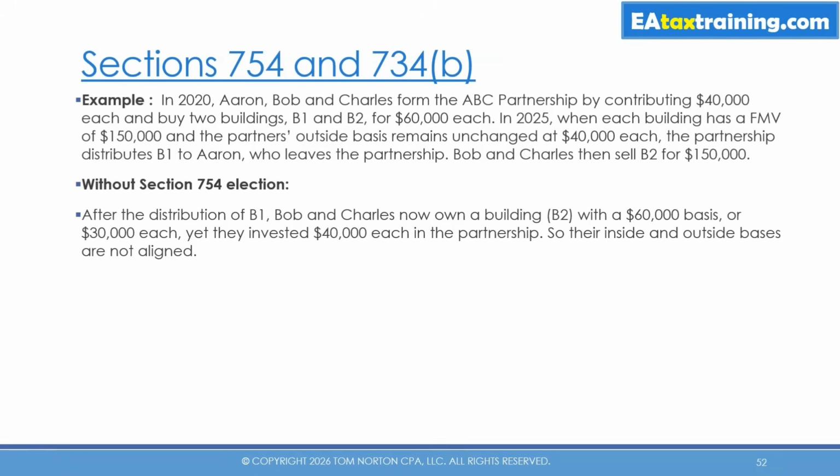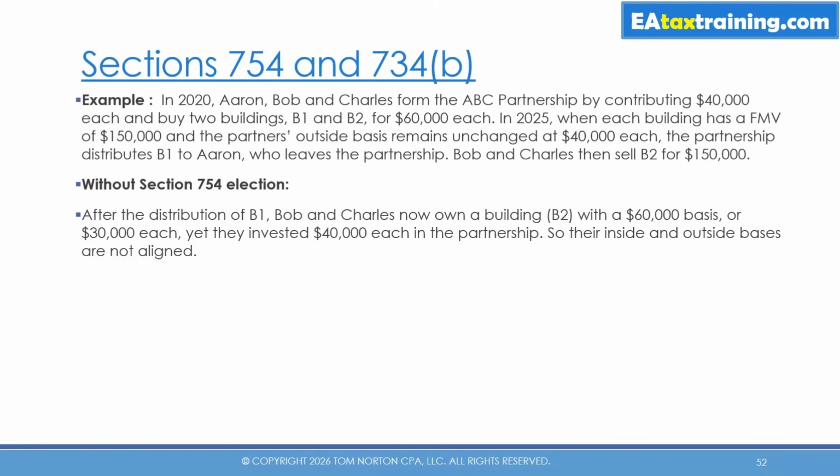After the distribution of B1, Bob and Charles now own this building, B2, with a $60,000 basis. Now we're ignoring any depreciation or other changes in basis. So it's just trying to simplify the example here. So they've got this building, $60,000 basis, which of course would be $30,000 each.